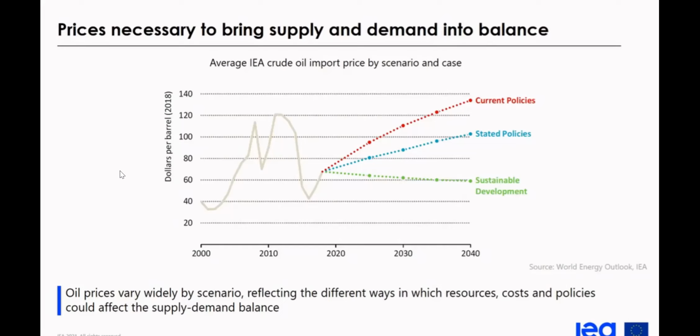So this will be reflected in the price proposed by producers to consumers. In the case of the sustainable development scenario, we expect a decrease in demand for oil products. So there is also an expectation that the cost of production of the resource developed will be the lowest one, and on average, the crude oil price is expected to decline.